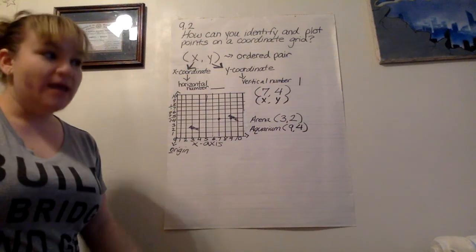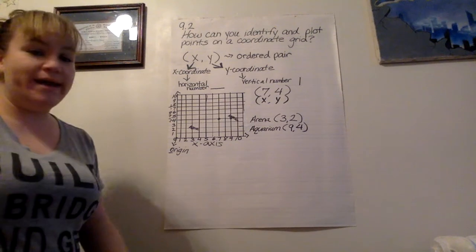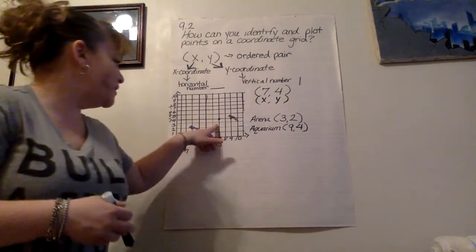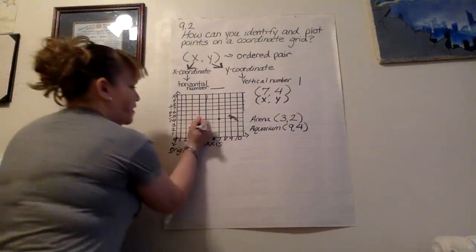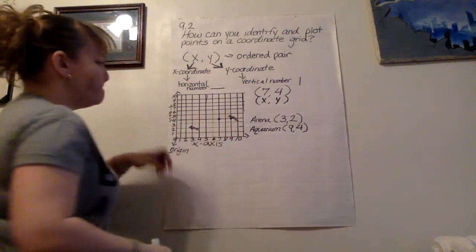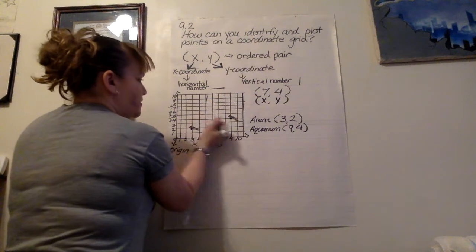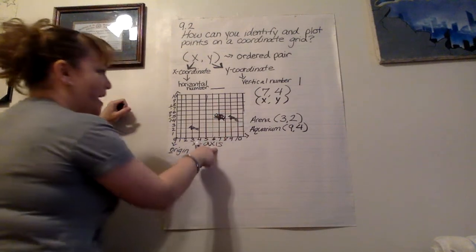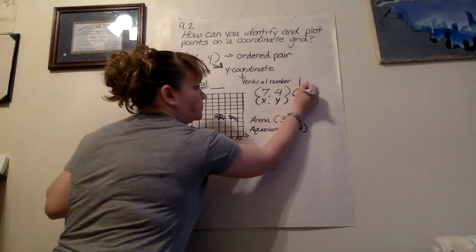That's the example. Another thing they want you to do is find the distance in between. So I'm going to name this one here. I have arena, I have aquarium. Let's name this Coney Island. Okay, and Coney Island is (7, 4).